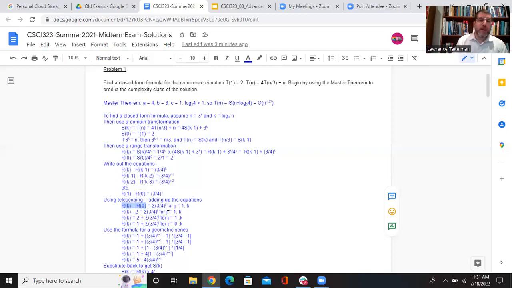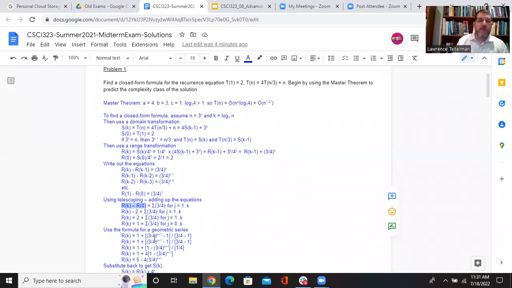So I have a geometric series, and down here I replace the geometric series with the formula. Just so you know what happened here, I took my 2 and broke it up. One I'm going to keep there, and the other I'm going to make part of my geometric series, and that enabled me to change my index. Instead of going from 1 to K, it went from 0 to K, because 3/4 to the 0 is 1.